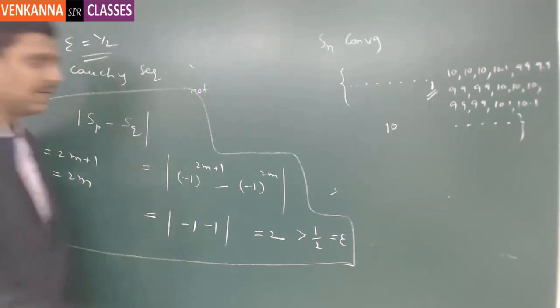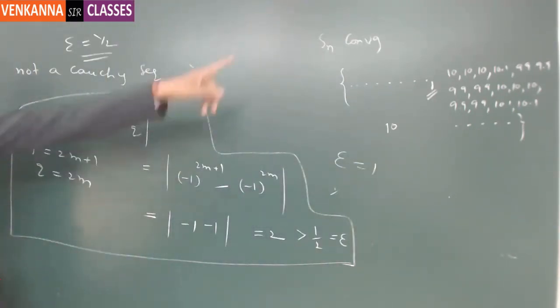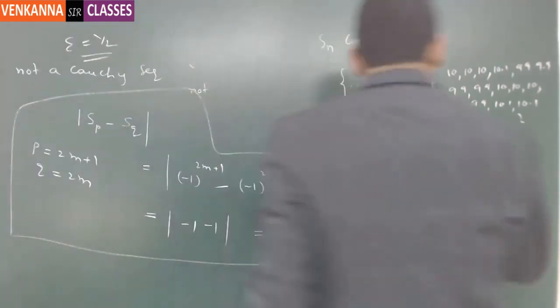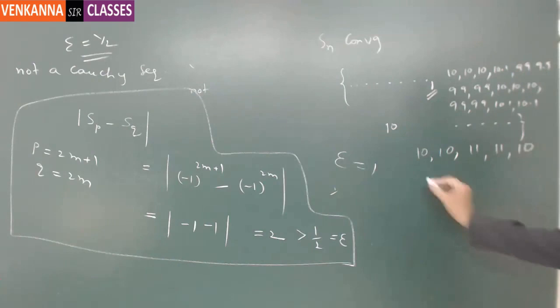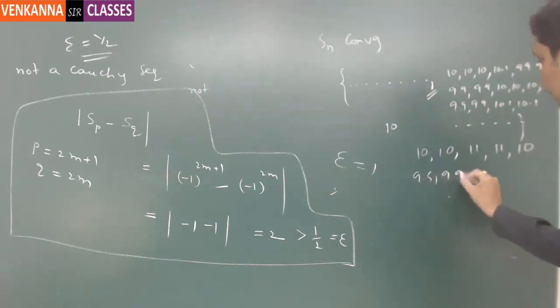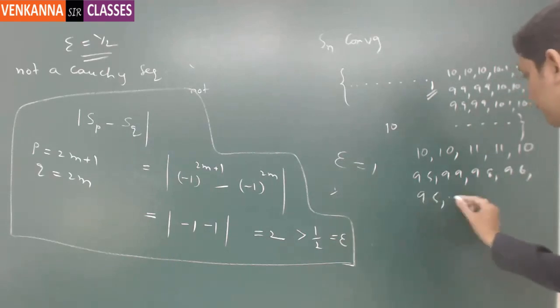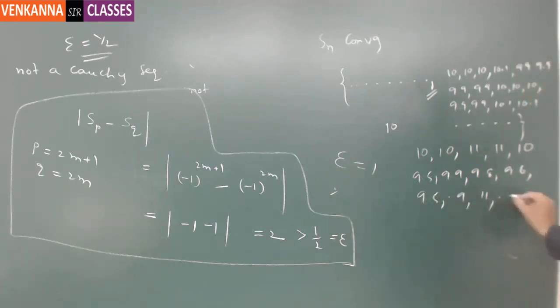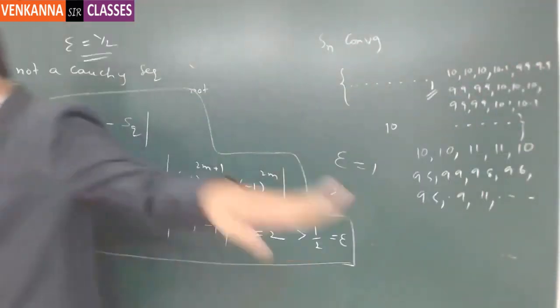So if you fix epsilon equal to 1, what does it mean? The sequence will come like this. Can you say what is the limit of the sequence here? It is not becoming stationary.